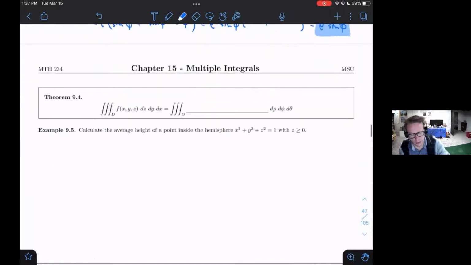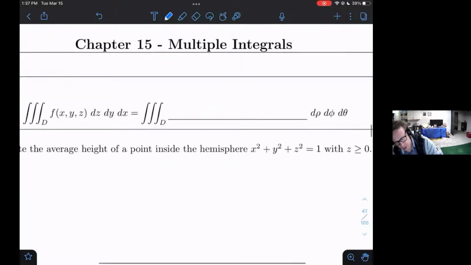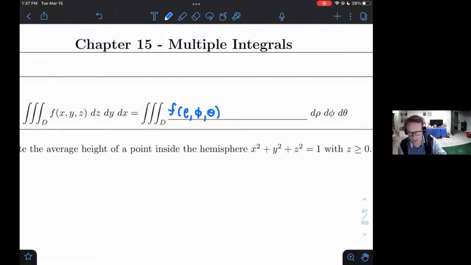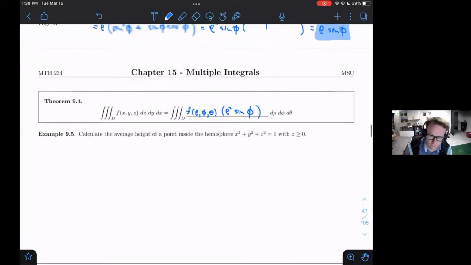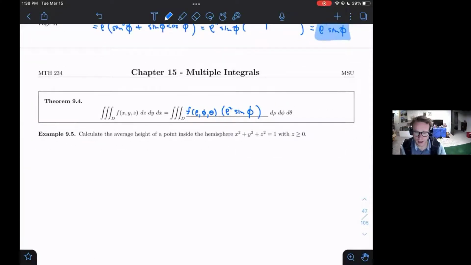So if I wanted to write this down in a nice theorem, we need to switch our function into the correct independent variables, rhos, phis, and thetas. And then that extra integration factor is going to be this rho squared sine phi. And that's how we're going to transform from Cartesian to spherical.